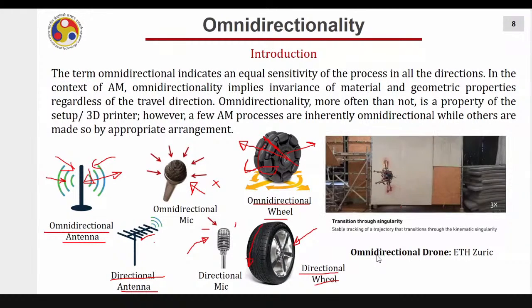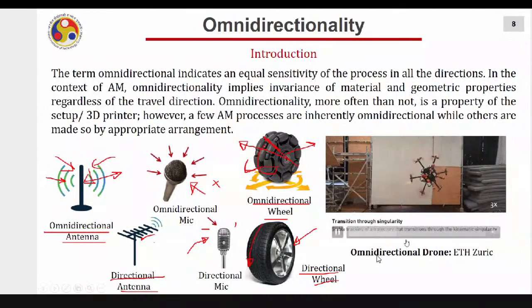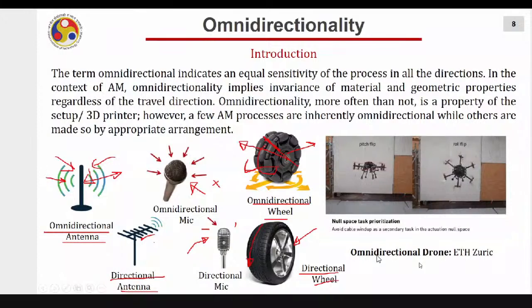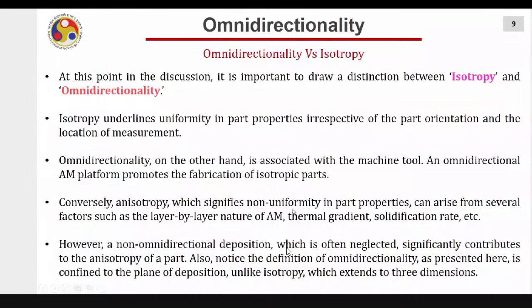And the benefit of having this type of drone is that it can really pass through tiny openings easily. So this is an omnidirectional drone. Now I hope you have some idea of what omnidirectionality is. I'm going to relate it very soon with additive manufacturing.